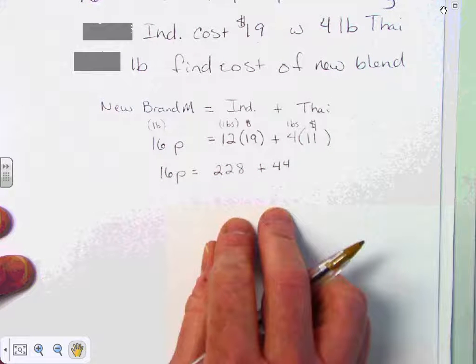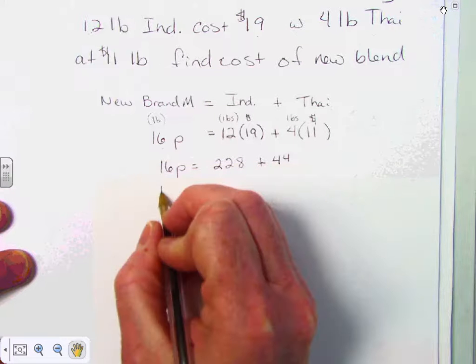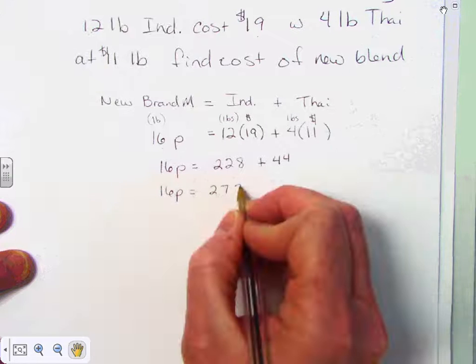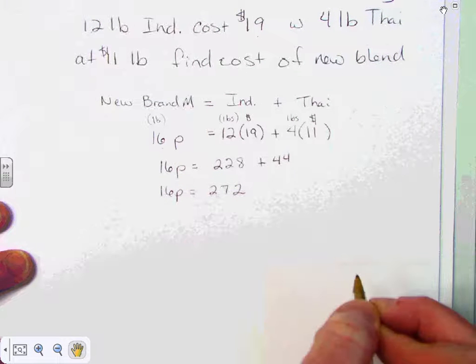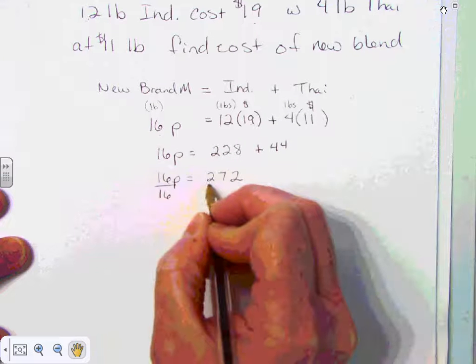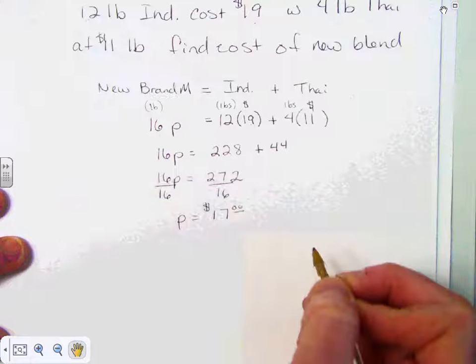Combine like terms, so we add these numbers together. 272, right? Then divide by the 16. So the price per pound of my new cinnamon is going to be $17 per pound.